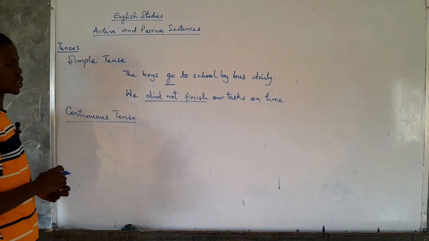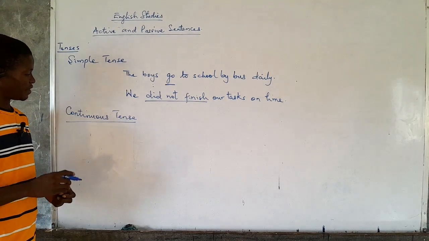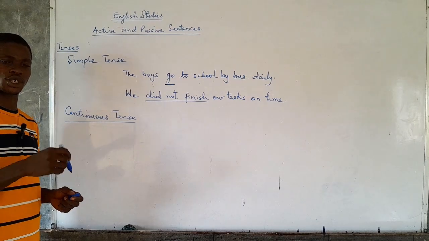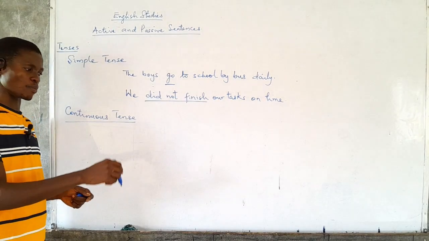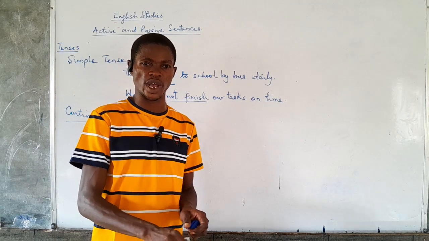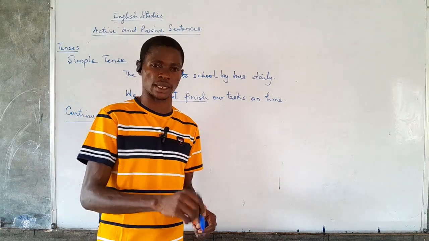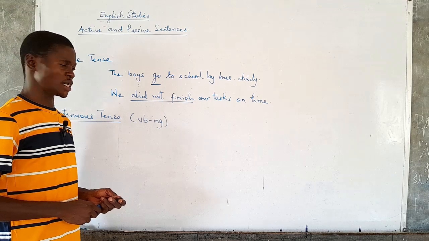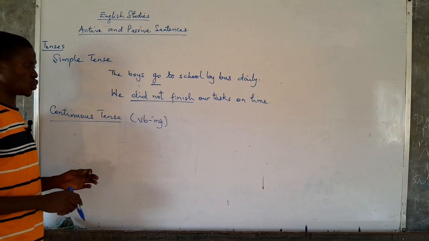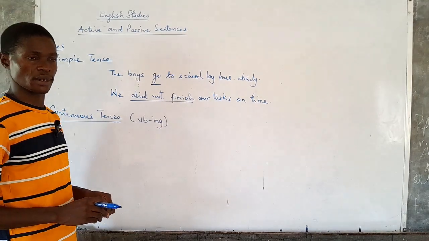When we're talking of a continuous tense, basically, this is when we talk of the tense that involves an action we are doing progressively. We are not done with it yet. We are still in the action at that moment. To identify continuous tense, we are going to look for ing.